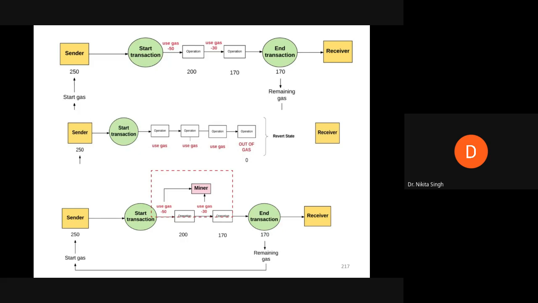Now, if you look at the second figure here, you started a transaction. Initial gas was 250. There were a lot of operations performed and you ran out of gas. You did not have enough gas to complete the operation. So now your transaction will be considered invalid and it will be reverted. The transaction execution will be stopped.